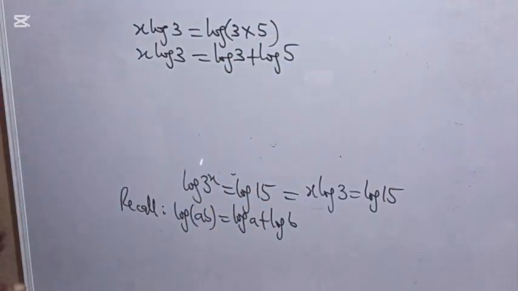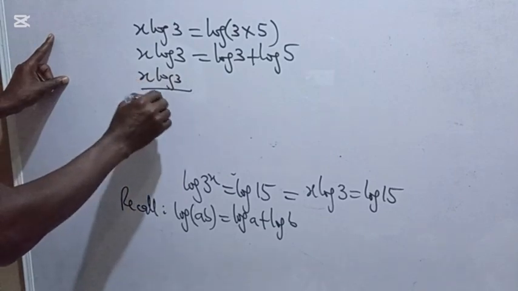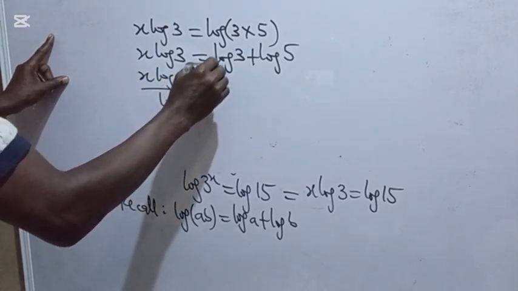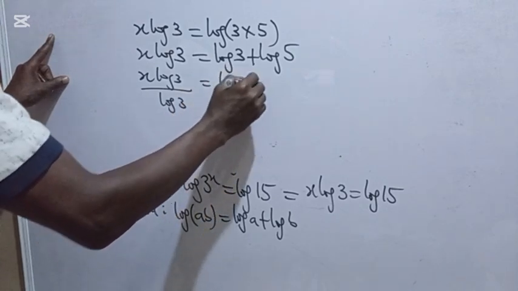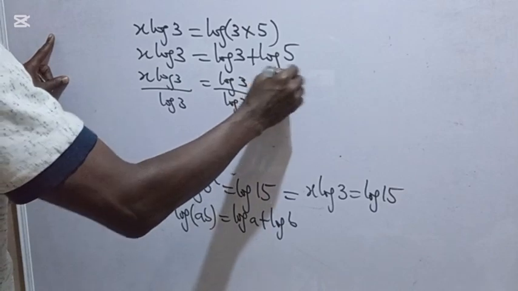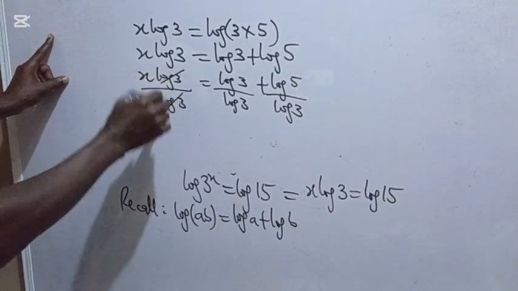Now, how do we get x here? Just divide both sides by log 3. That is, x log 3 over log 3 is equal to log 3 over log 3 plus log 5 over log 3. So log 3 here, we cancel log 3 here.